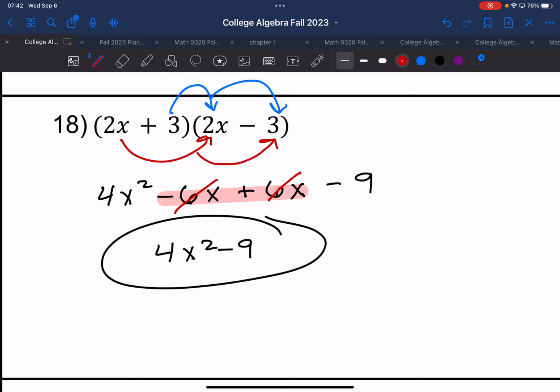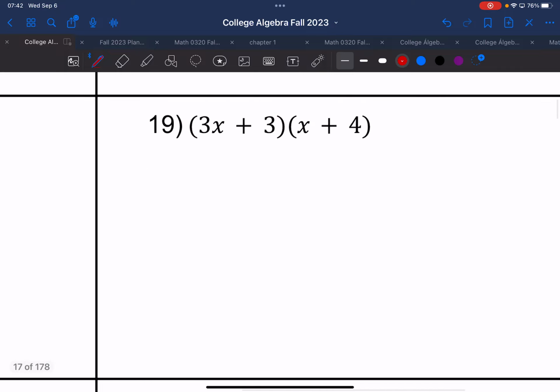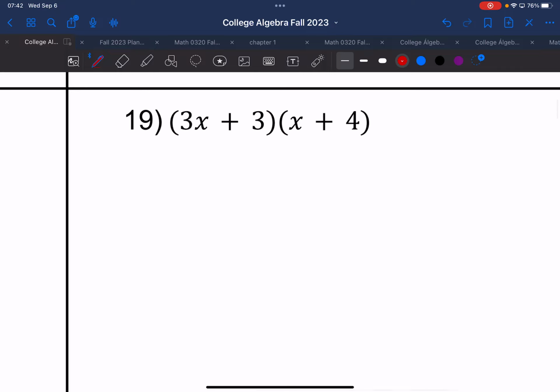Okay. And last one for today, number 19. We have 3x plus 3 and x plus 4. What am I distributing first? 3x, good. And then what am I distributing? 3.